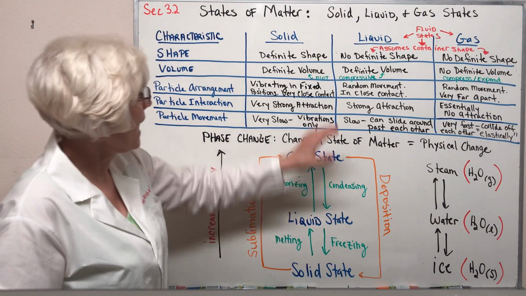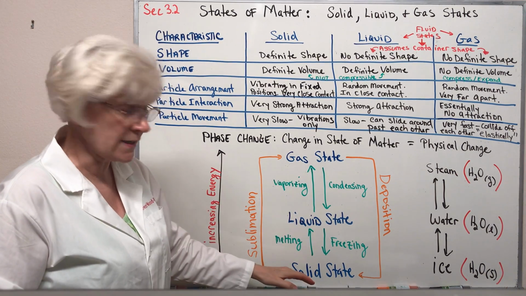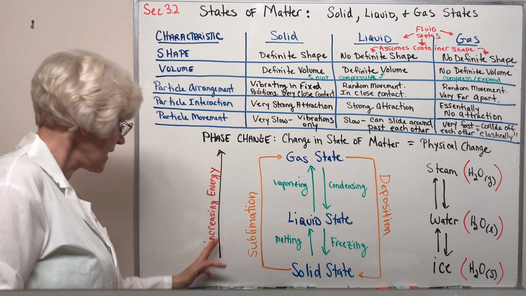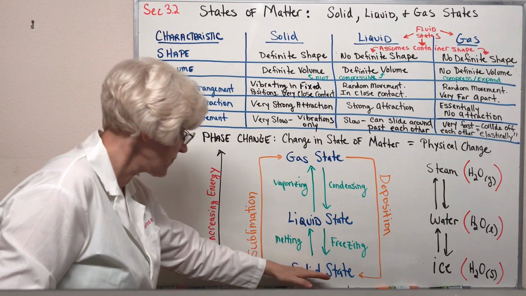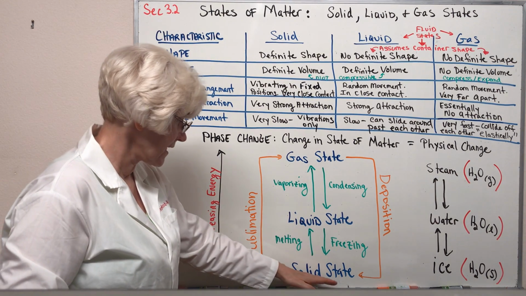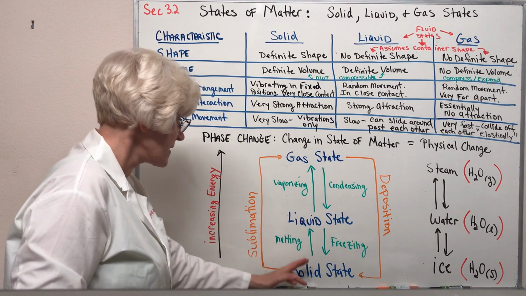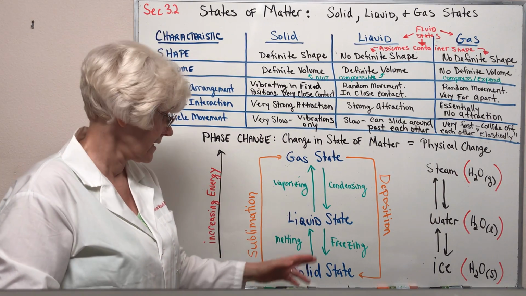So notice I have the three states of matter listed vertically and in increasing energy, right? So as we move from the solid to the liquid to the gas state, what I'm trying to convey here is that this is a movement to an increasing energy state.